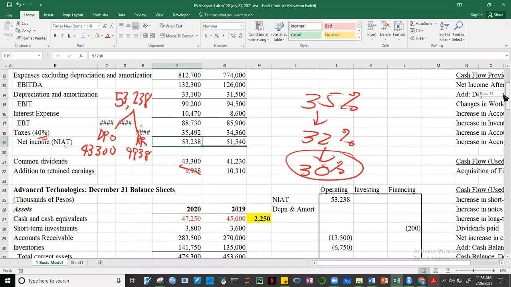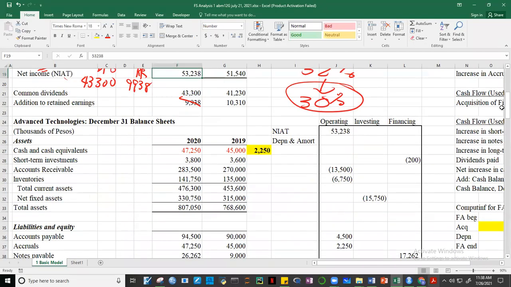Paki-chat, everyone, please. Waiting for your reply, guys. Kinuha natin yung net income after tax. Sabi natin hindi cash flow to. Kailangan ma-adjust natin to. So depreciation and amortization is non-cash expense.